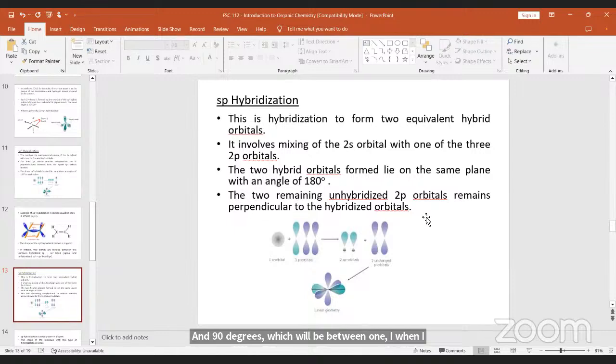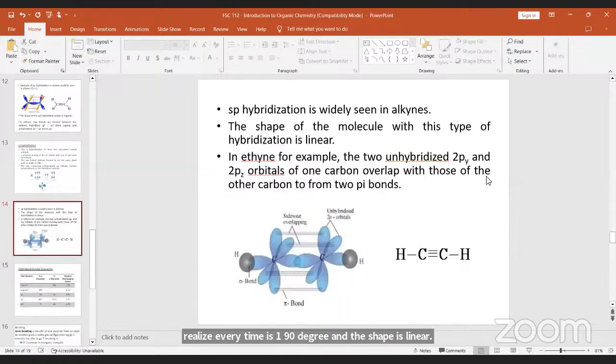So if I give you the question, what is the angle between an sp hybridized orbital and a 2px unhybridized orbital? You just put 90 degrees because it is perpendicular to it. But the angle between the hybridized orbitals is 180 degrees, and the shape is linear. The shape of the sp hybridized orbital is linear.